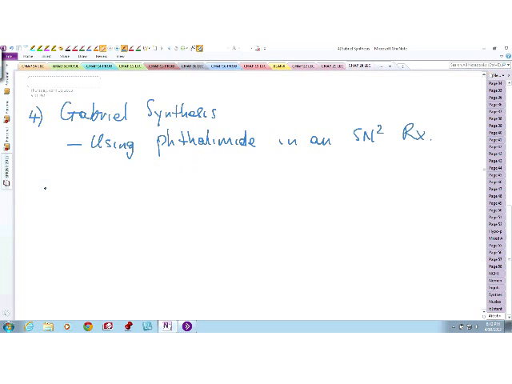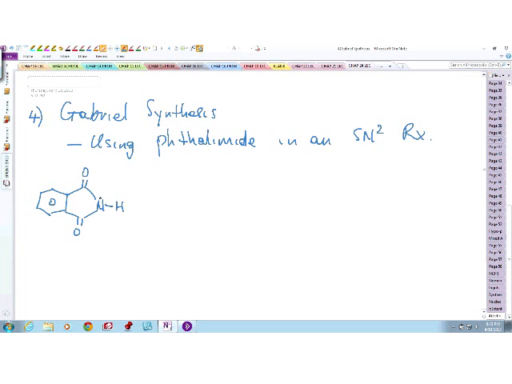Now, what do we mean by phthalimide? If I have this molecule here, so we have this phthalimide here.